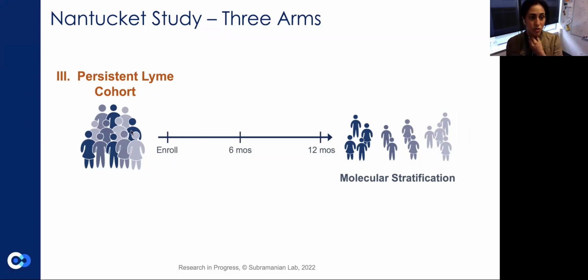And then the first goal here really is to just follow them out and do a molecular stratification, right? So to develop good definitions of the disease, based on the immunology and the other omics types of data. So I think that's where chronic disease lies. And sorry for that little detour in response to your question.